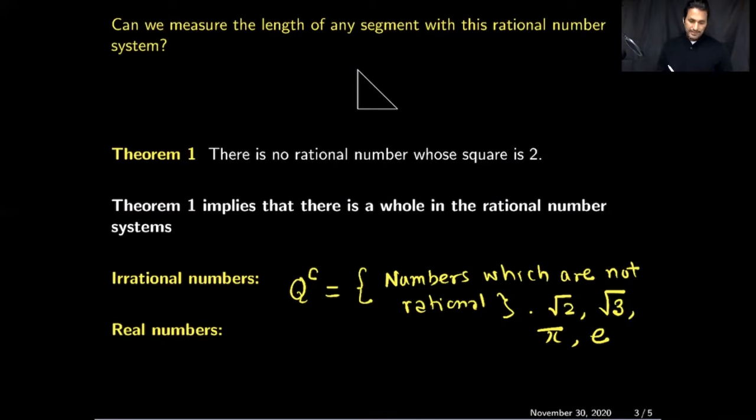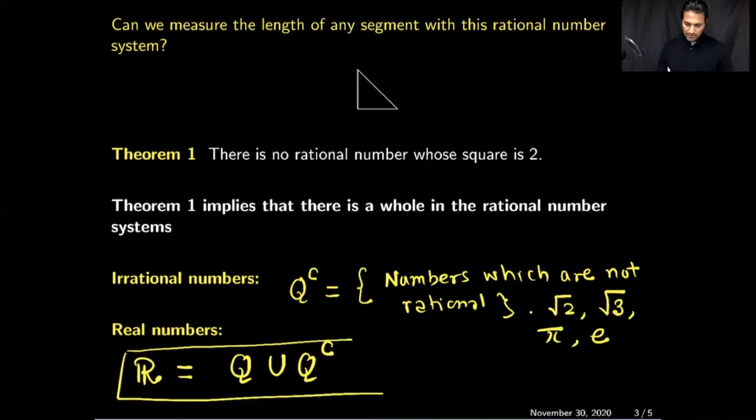Now, finally, what is a real number? The real number system is denoted by a capital R, and it is the union of the rational numbers combined with all the new irrational numbers, which we find with those numbers which are not rational. So this is our number system.